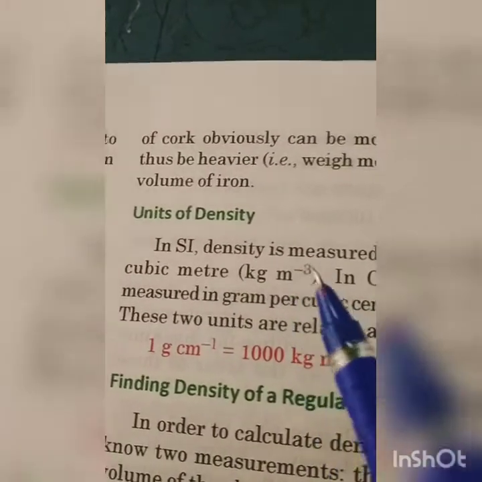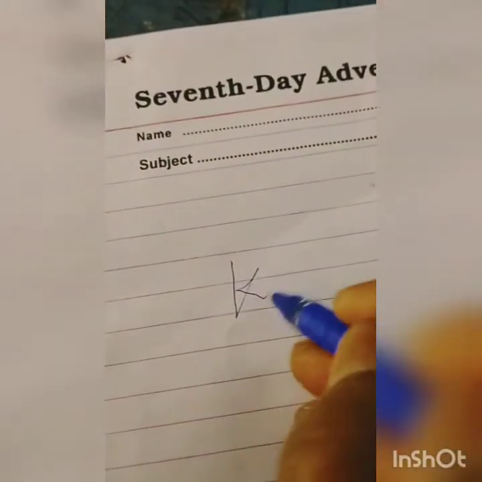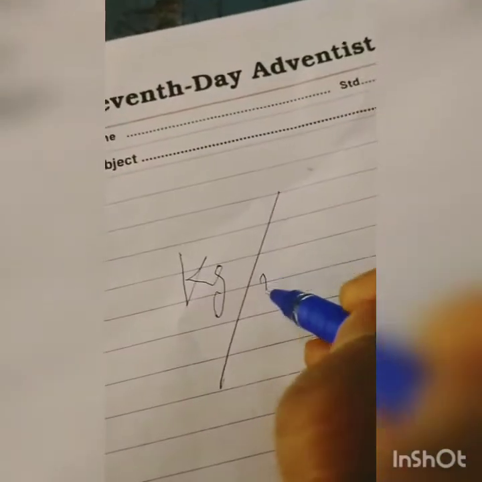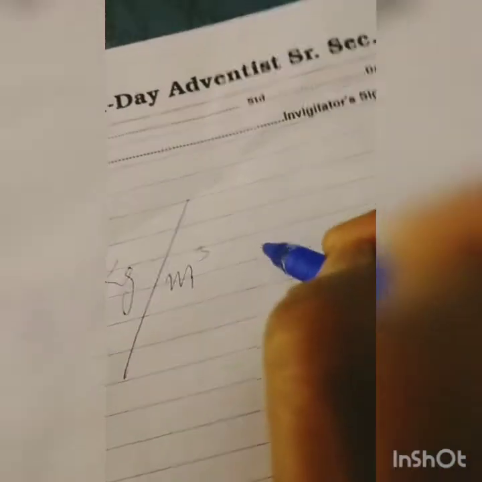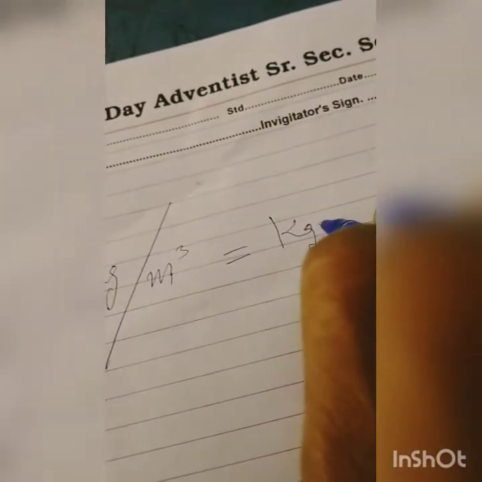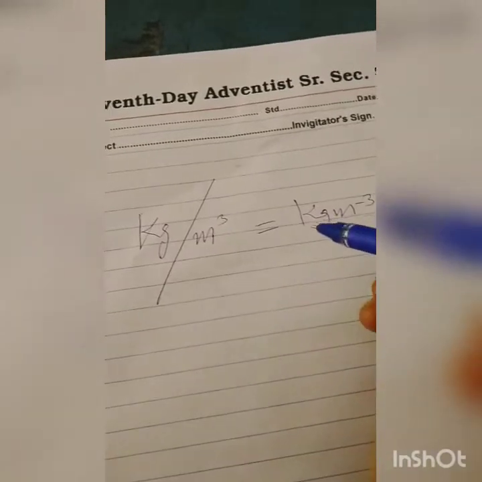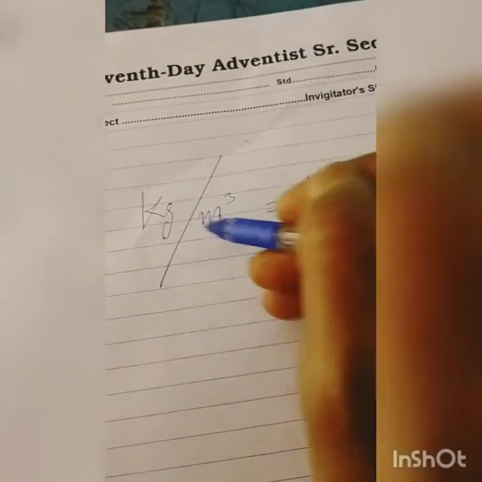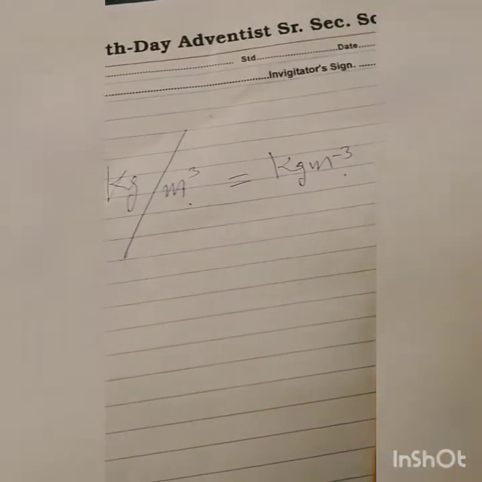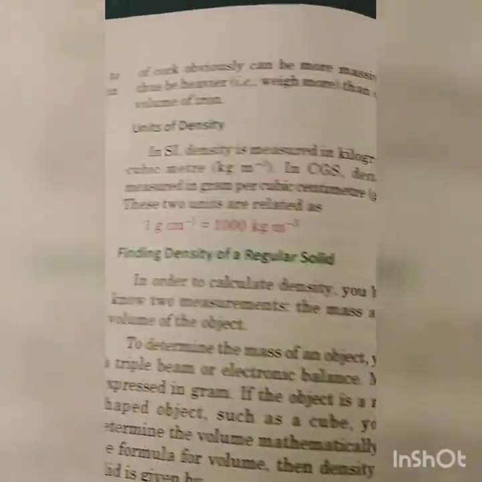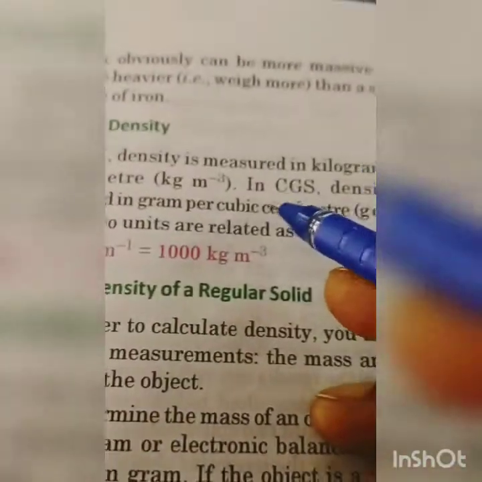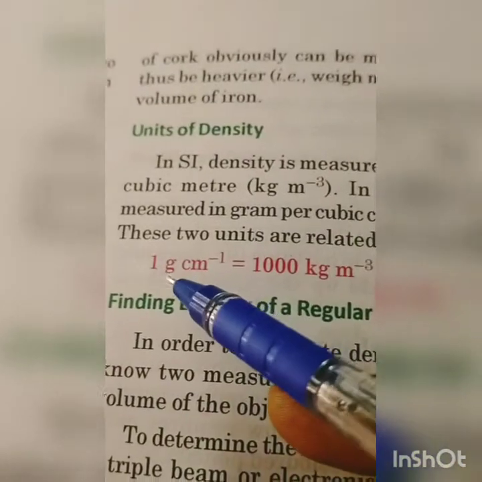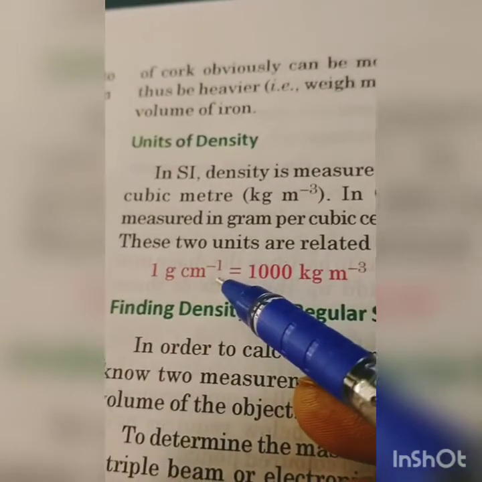You can write it like this also, kilogram per meter cube, or like this also. Okay, they are the same. So this is kilogram per meter cube. You can write it like this also. But smaller units in the CGS system, this is 1 gram per centimeter cube.